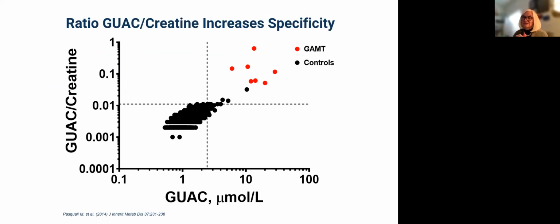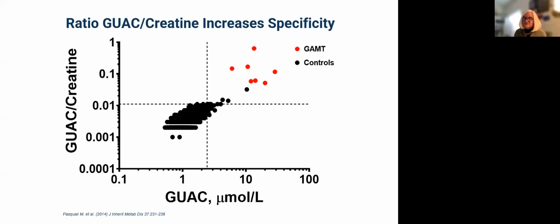In this slide, the red circles represent blood spots from patients with GAMT deficiency, and the black circles are controls. So as you can see in the top right quadrant of this graph, these are the ones that would screen positive using both an elevated guanidinoacetate and an elevated ratio of guanidinoacetate to creatine.